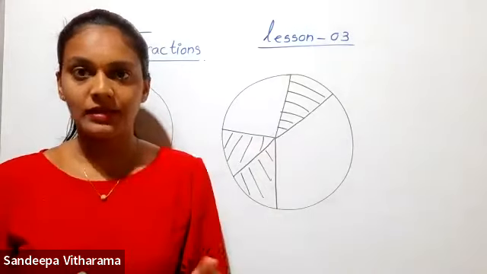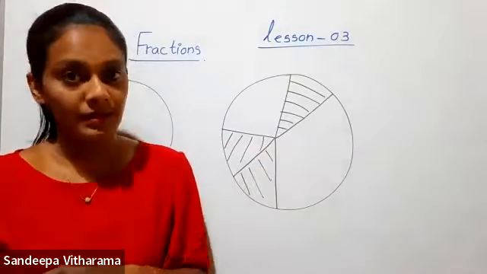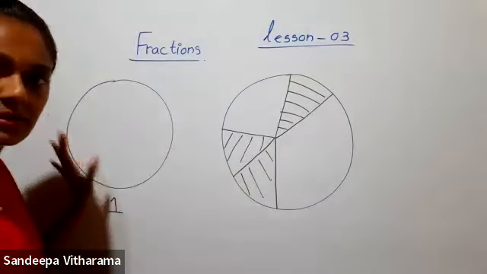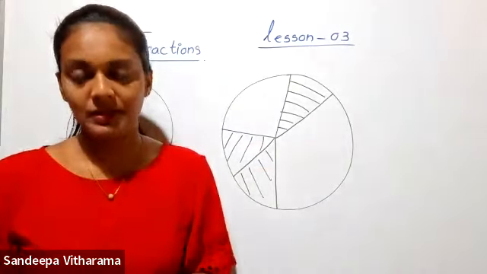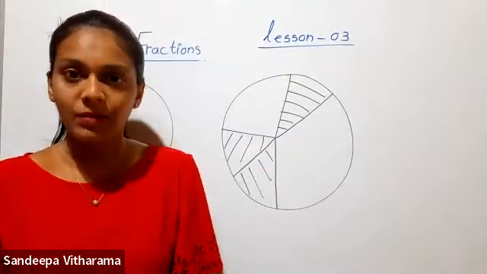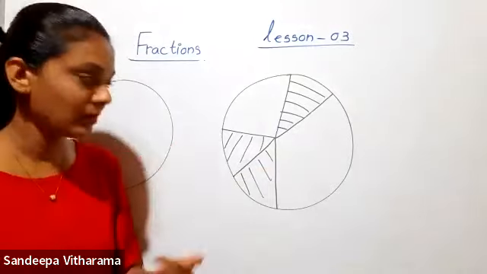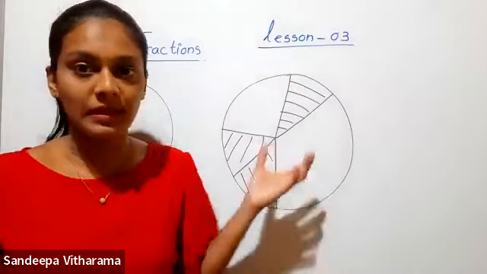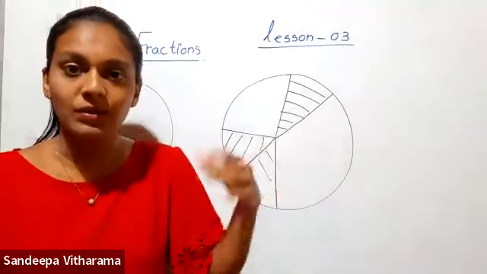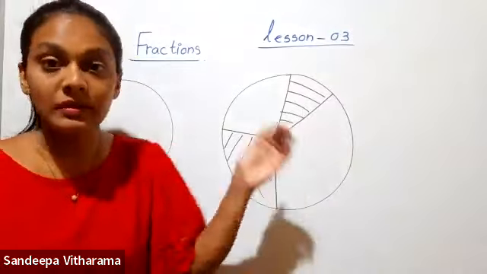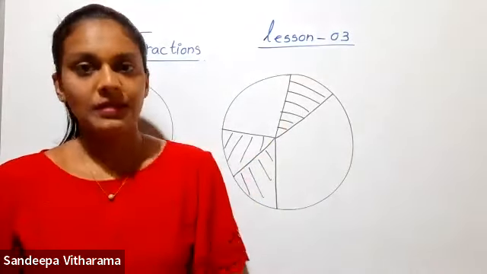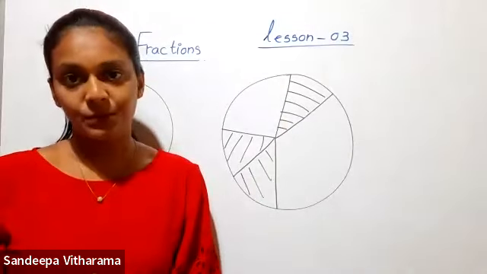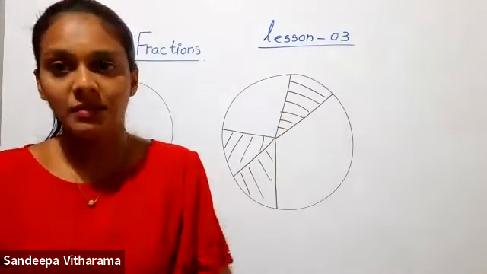If I say I have eaten 3 pieces, the meaning is I have eaten 3 whole pieces. But I have actually eaten 3 pieces like this. That means out of one whole, I have eaten 3 pieces of pizza. Then how do I express these 3 pieces of pizza as a particular number?